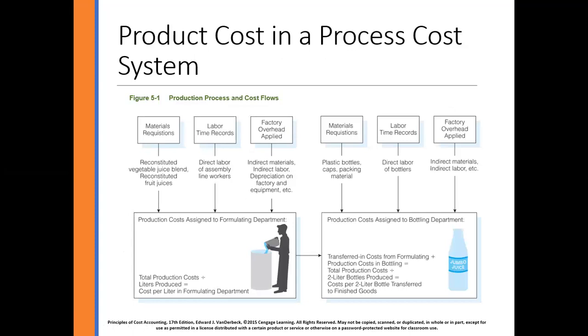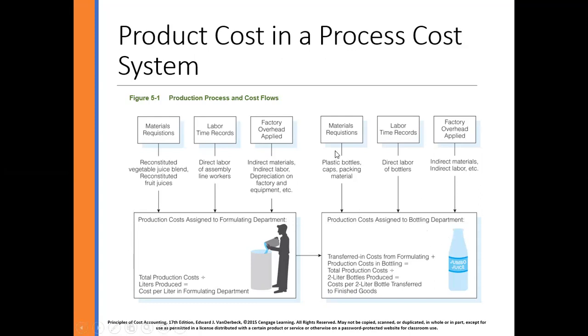All right, so this shows us how we are accumulating these manufacturing costs for each department. In this example, this is the formulating department, and this is the bottling department. We're going to accumulate material, labor, and overhead costs for the formulating department. Once the units are completed in this department, those costs and units are transferred over to the bottling department.